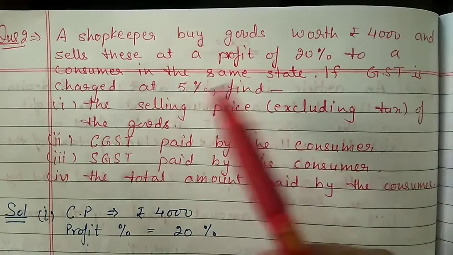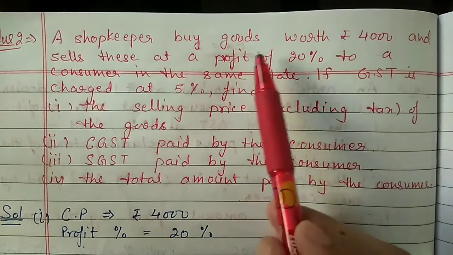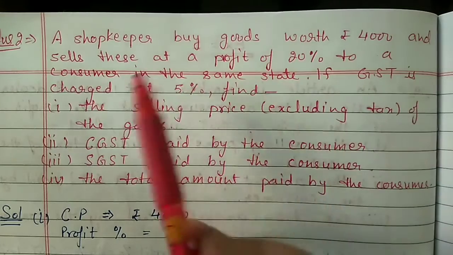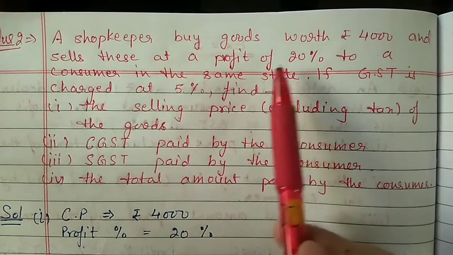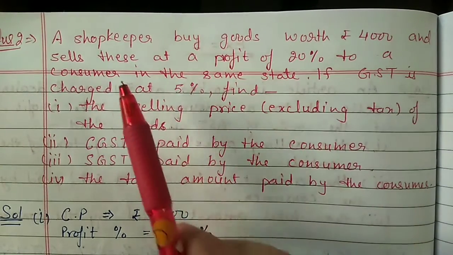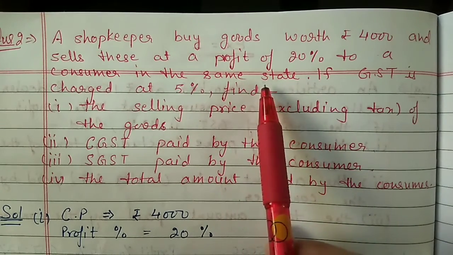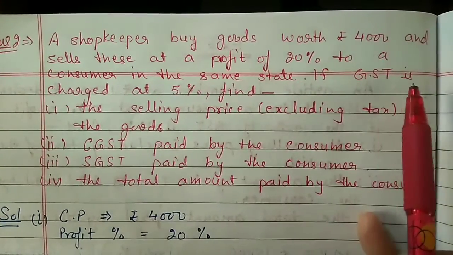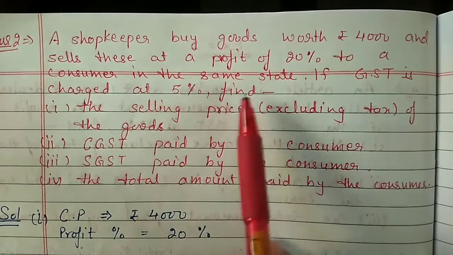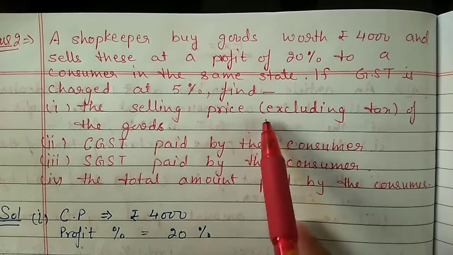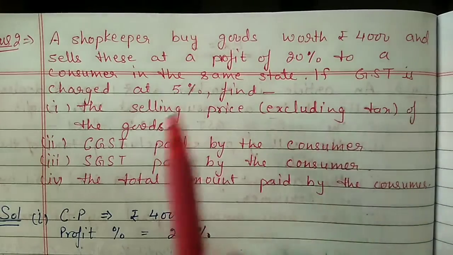Question number 2. A shopkeeper buys goods worth rupees 4,000 and sells these at a profit of 20% to a consumer in the same state. So here the deal is intra-state. If GST is charged at 5%, find the selling price excluding tax of the goods.